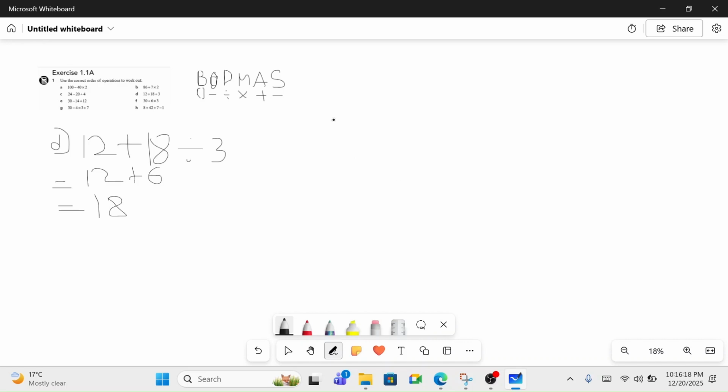So next one is question number E. Now here, addition is before subtraction, so we will do 14 plus 12. That is 26.